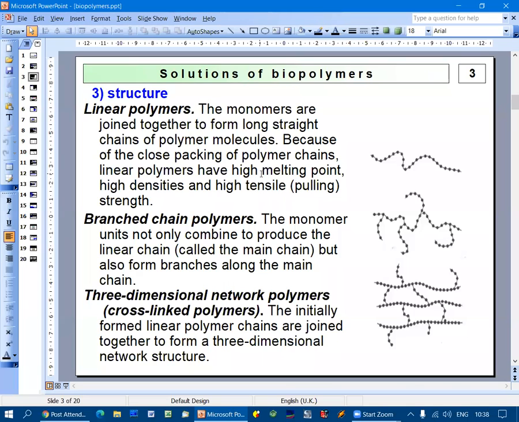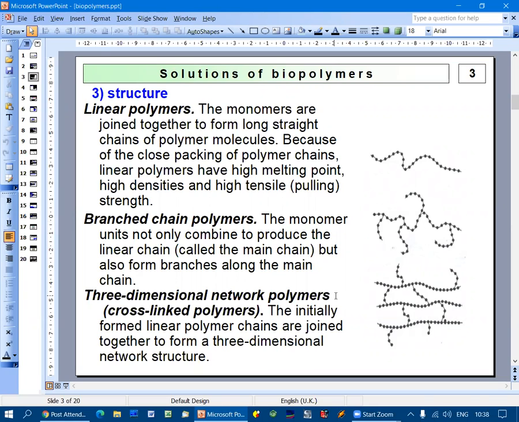And the example is a fraction of starch, amylose, or a branched chain polymer, like amylopectin. In amylose, we have only 1,4 glycosidic covalent bond, and in amylopectin, besides 1,4, we have 1,6 glycosidic bond.